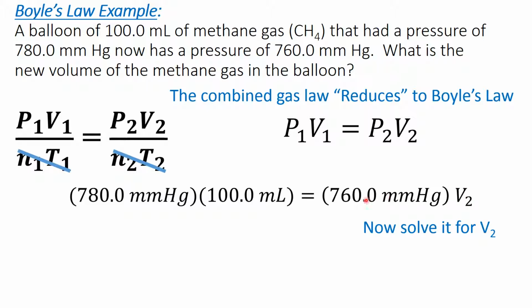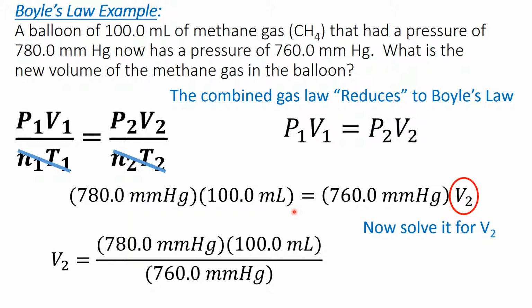We can do that by just dividing both sides by this 760 to get it by itself. And you can do that on your calculator. You don't need to rewrite it, but I'll show you what that looks like. V2 here is equal to 780 times 100 divided by 760. Notice that we have millimeters of mercury on the top and bottom, so they cancel.